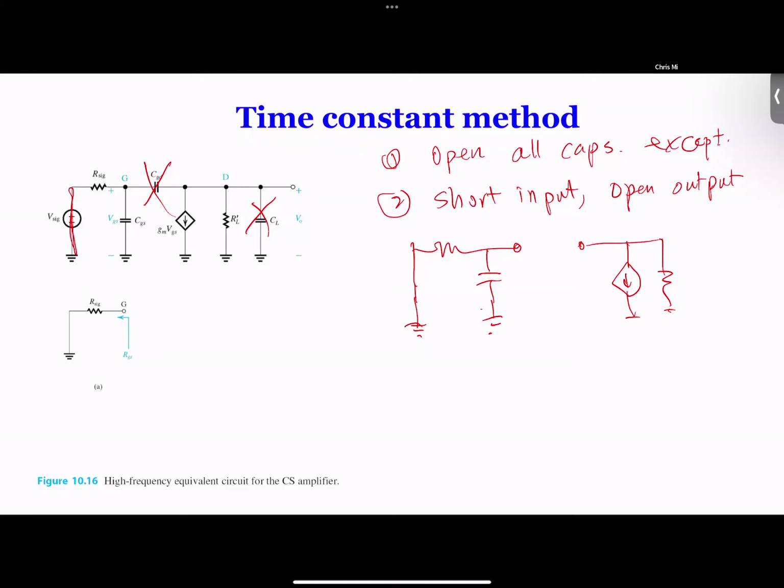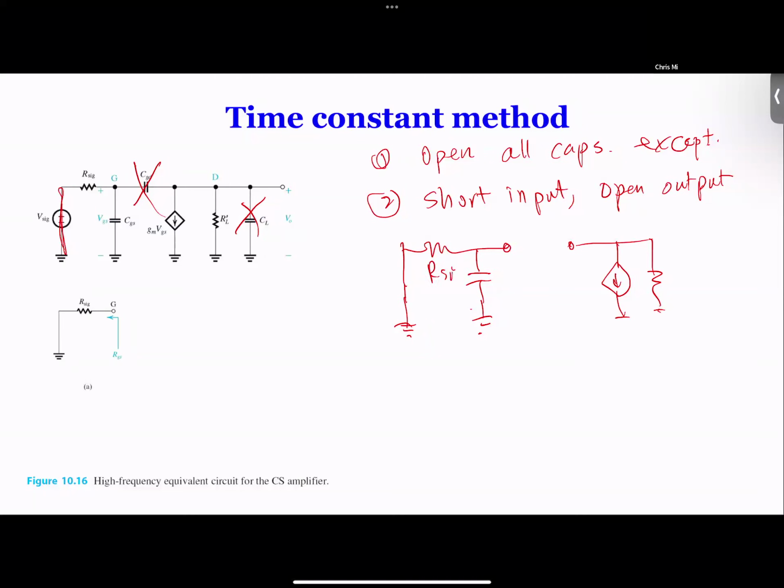You see what CGS is connected to. What CGS is connected to is only RSIG. So you have RSIG and you have CGS. And what is the time constant of this circuit? Well, let's call it tau GS. It's going to be RSIG times CGS. Okay, that's that simple.